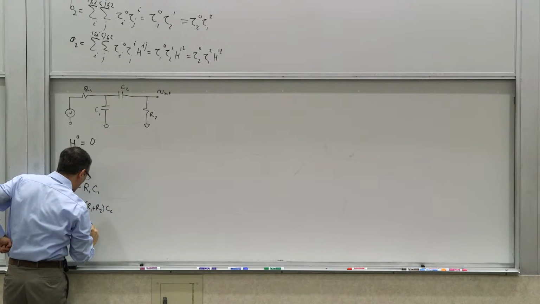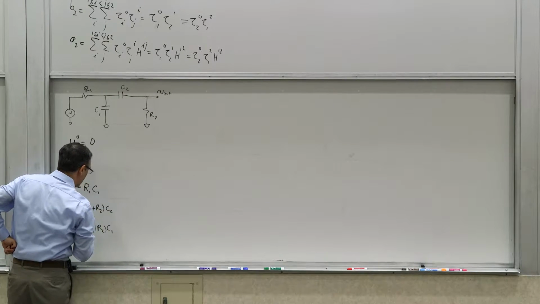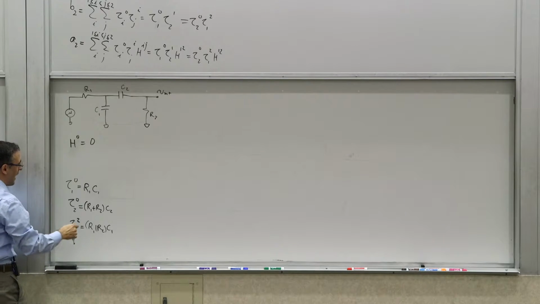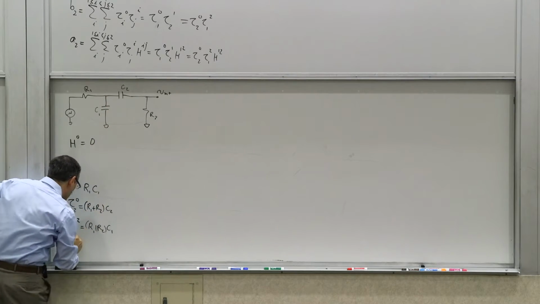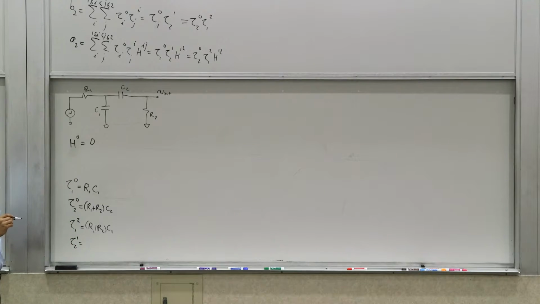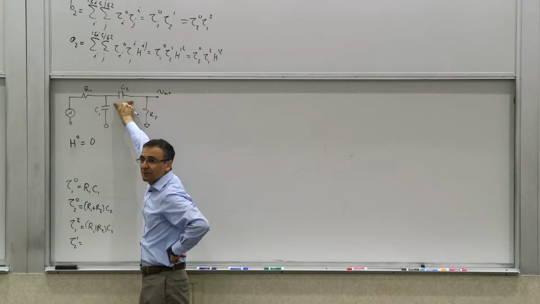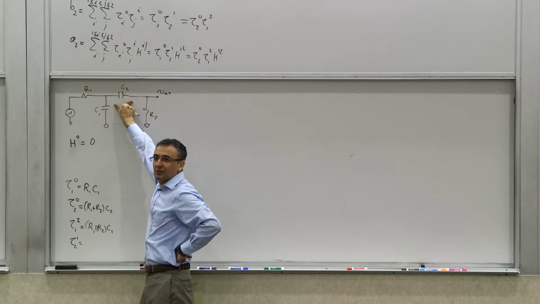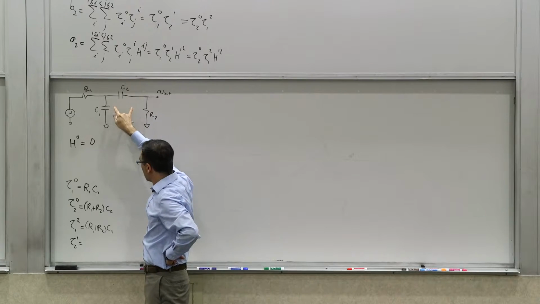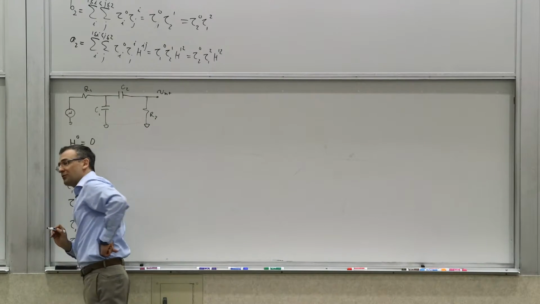So this is going to be R1 parallel R2 times C1, because this is tau 1. And then how about tau 21? This is really redundant now, but we'll calculate it just to see what it looks like. Tau 21, what do you see? Careful, yes, sorry, R2, correct, thank you. I have to be careful. R2 times C2.